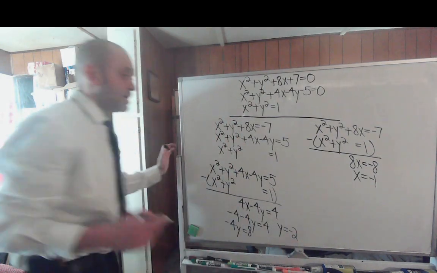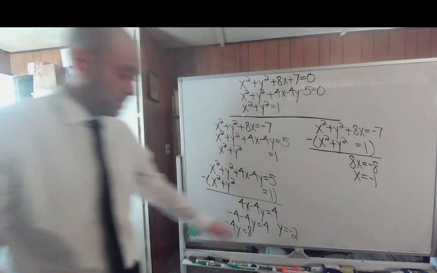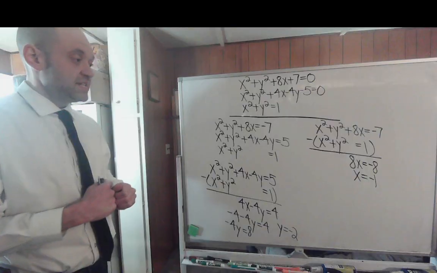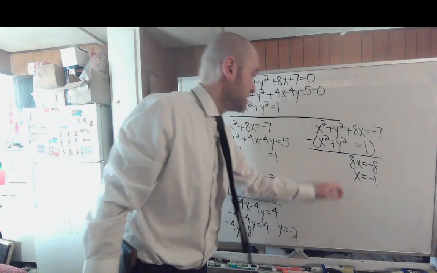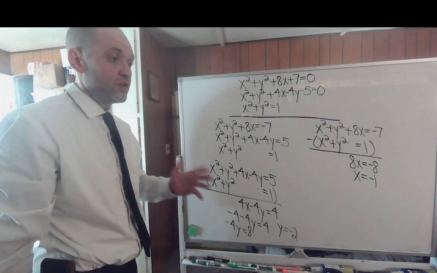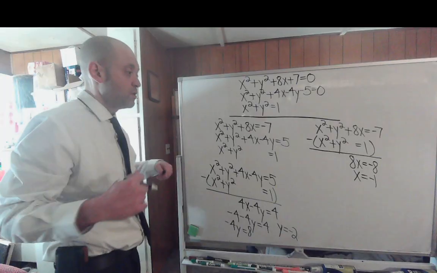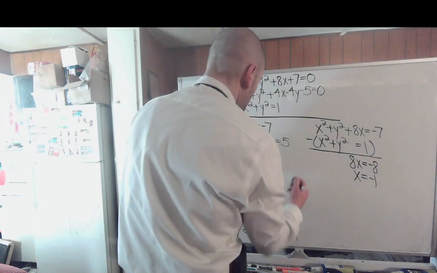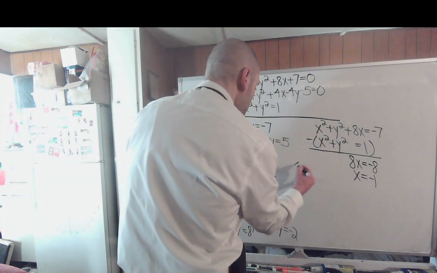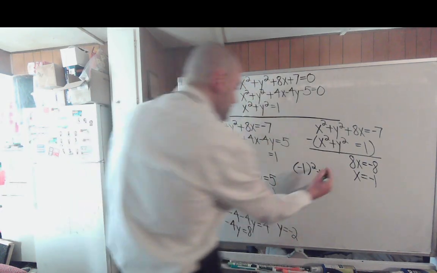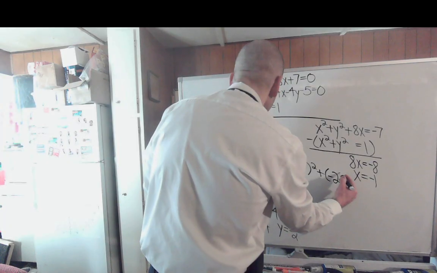But here's the caveat with this. It looks like we have a point of intersection, but stick these x and y values into even one of your equations. Stick them both in to see if it even holds up, if it works. So let's put that negative 1 in for the x squared plus y squared equals 1. So you would end up getting negative 1 squared plus your y value of negative 2 squared.